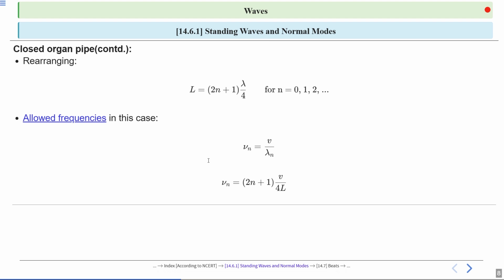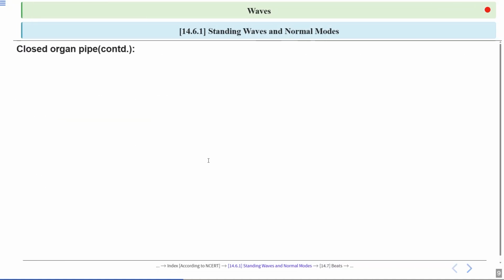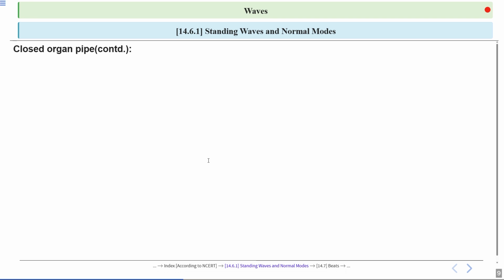Here n is the harmonic number starting at 0, v is the wave speed and capital L is the pipe length. Now, we get the fundamental frequency of first harmonic.